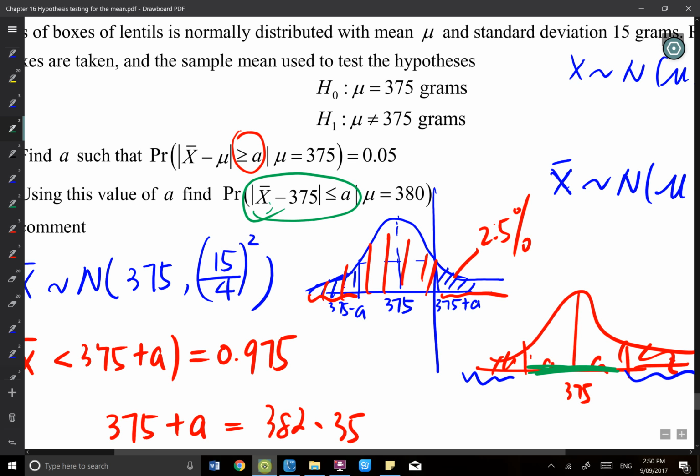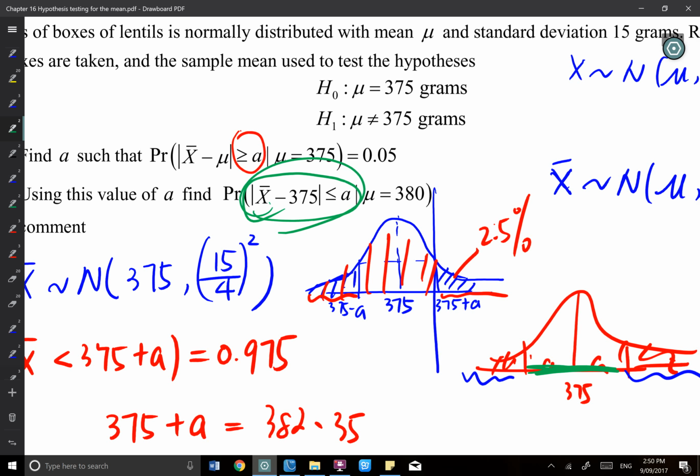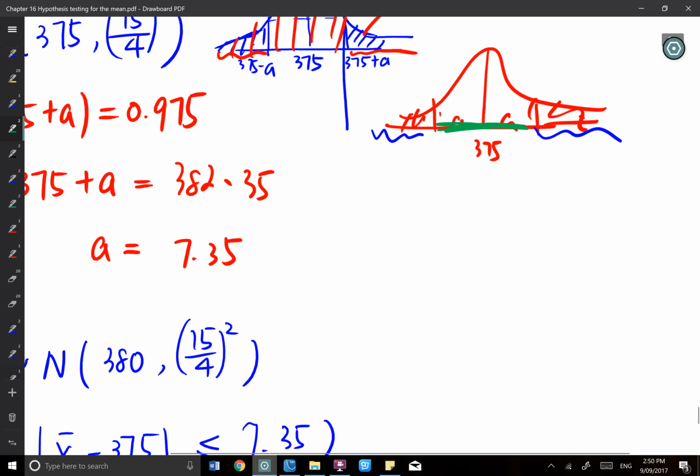What's your decision about H0 and H1? Do you reject it? If you observe something, do not think about probability, just look at the circle. When you observe X bar that is less than A from 375, do you reject H0? No.